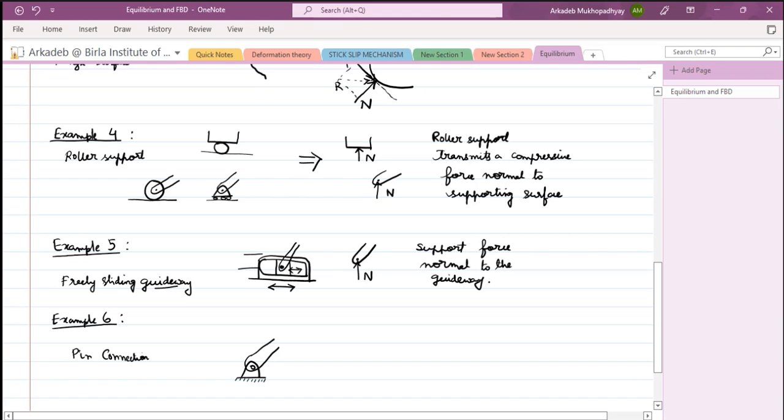At this point, I am telling you, there are two components acting here. One will be reaction in x direction and one will be reaction in y direction, and both of them will have a resultant. This is very important.